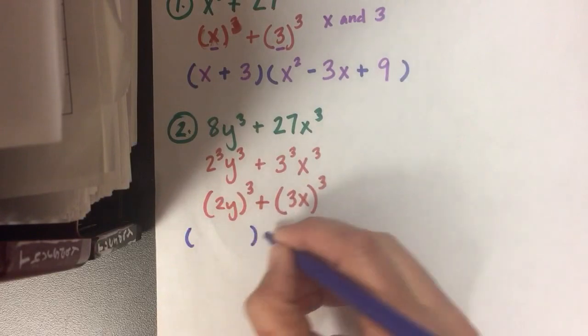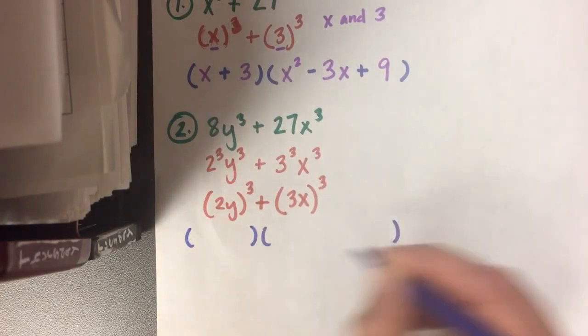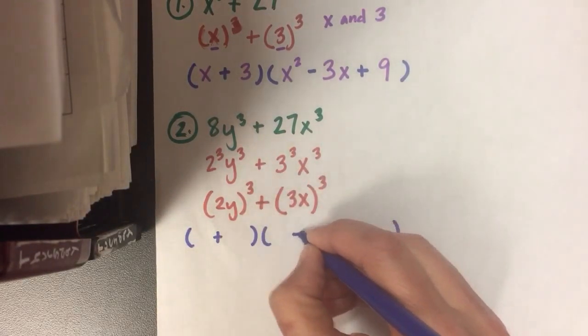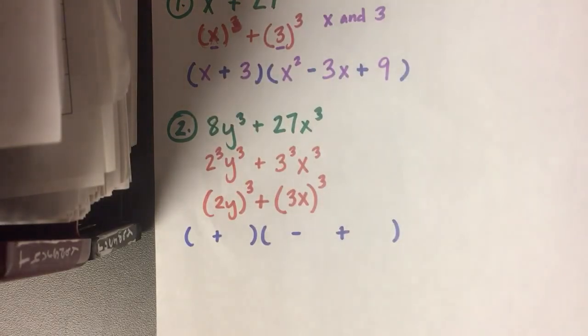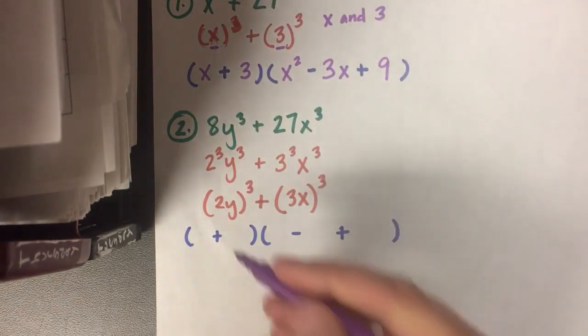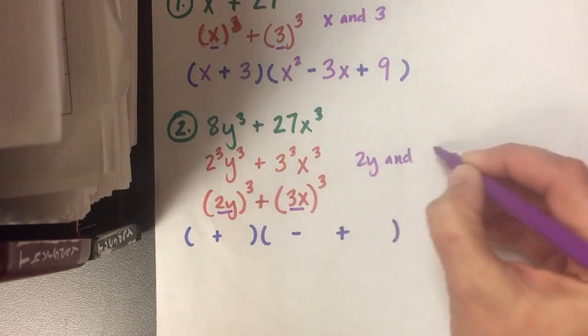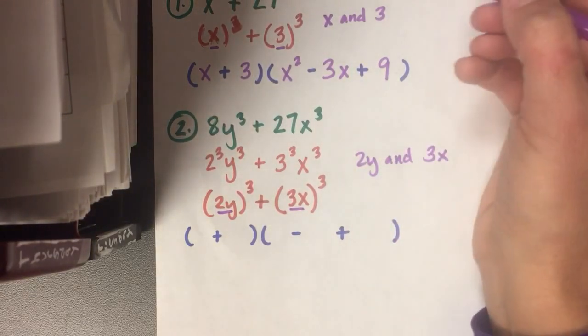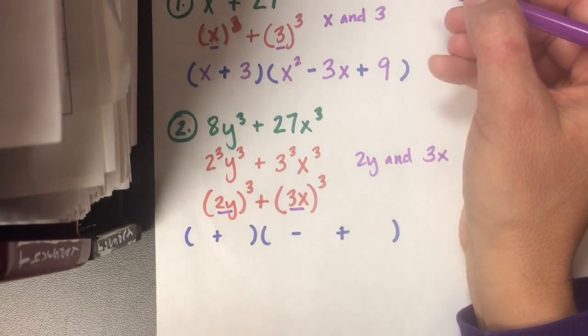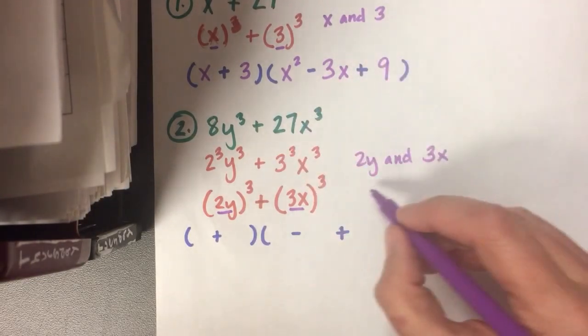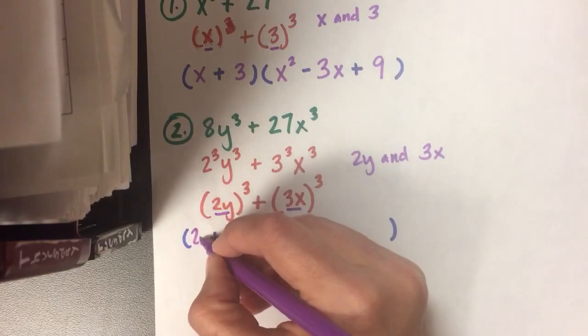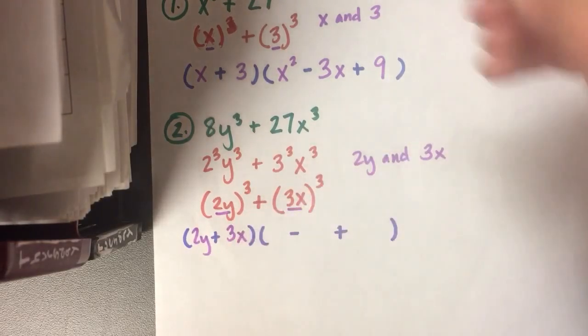So I'm going to put my two factors here, my plus, minus, plus, and now I'm going to look at my two bases. My two bases are 2y and 3x, so I'm going to have 2y and 3x, holding true to our formula.